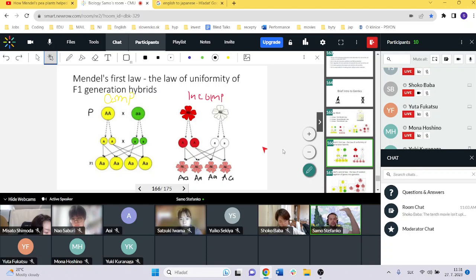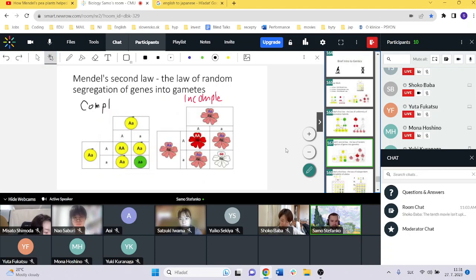That brings us to the second filial generation and the second Mendel's law. Guys, have you found out anything regarding the second Mendel's law? The second Mendel's law is called segregation, and segregation is that genes in the chromosome enter different cells.